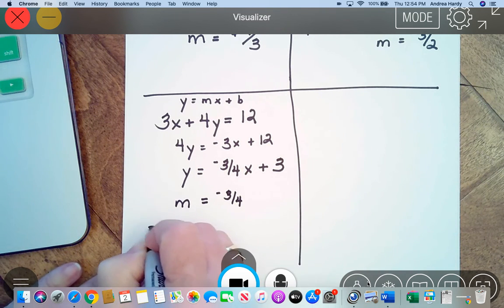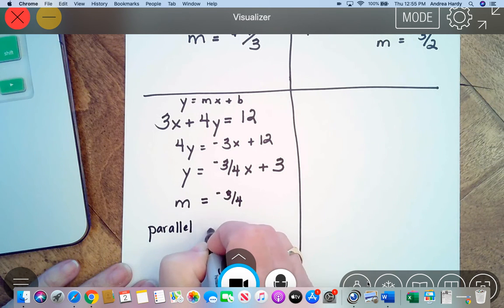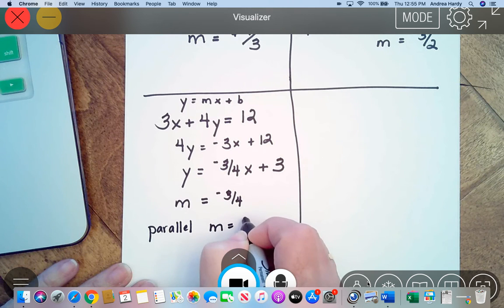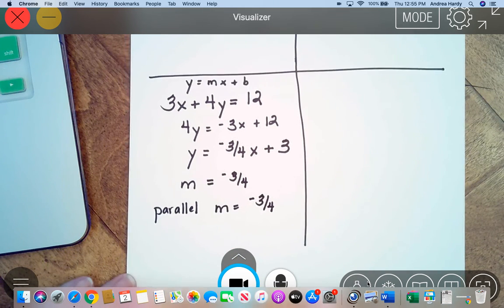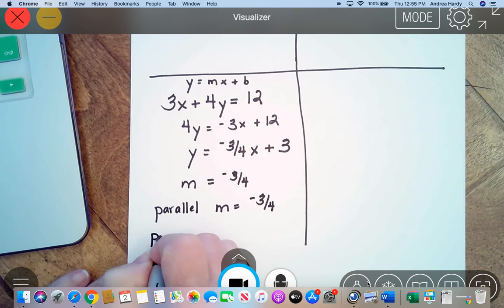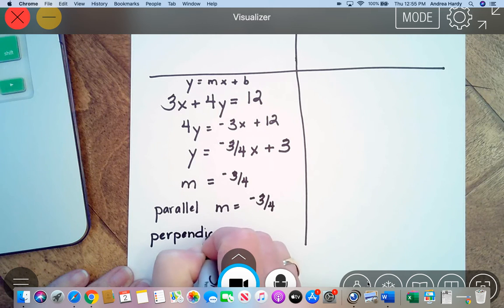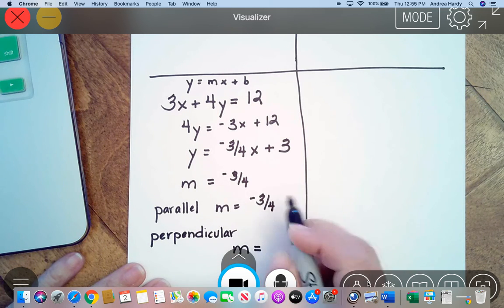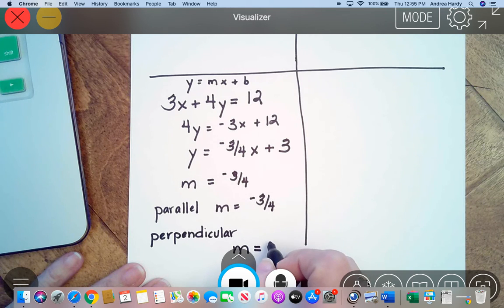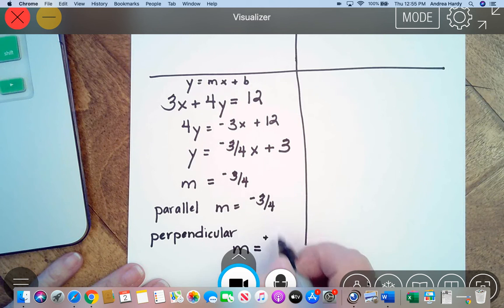My parallel slope is going to be the exact same thing, negative 3 over 4. And my perpendicular slope, I'm going to switch the sign. This one's negative, so mine will be positive. I don't have to write the positive, but I can. And then flip it, 4 over 3.